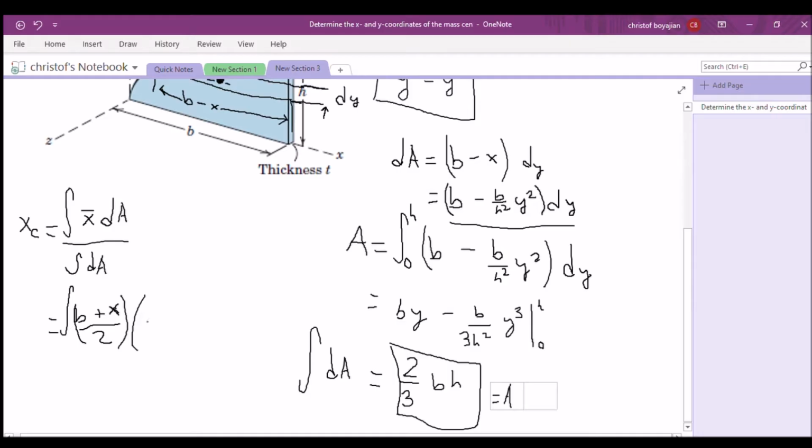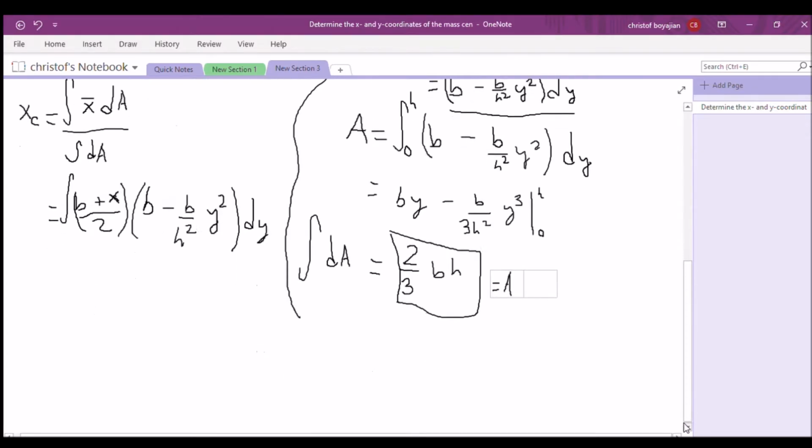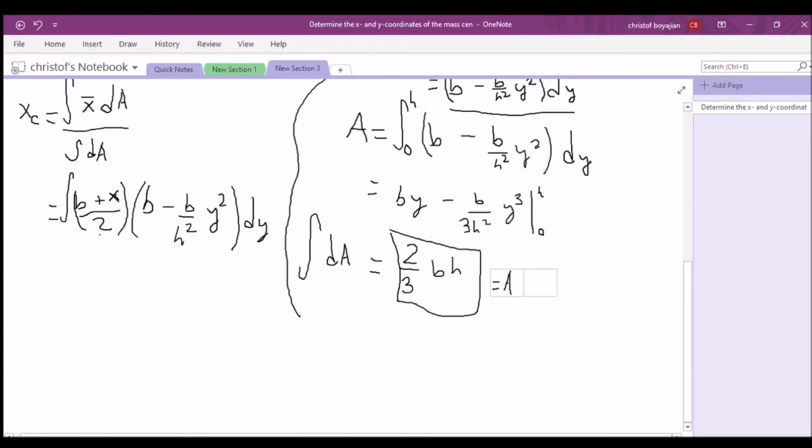So b minus b over h squared times y squared times dy. All right, now let me draw a line here separating our work. And all of this is divided by our integral of dA. I'm going to leave this as integral of dA for the time being.